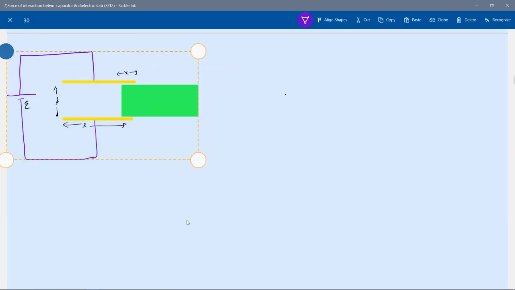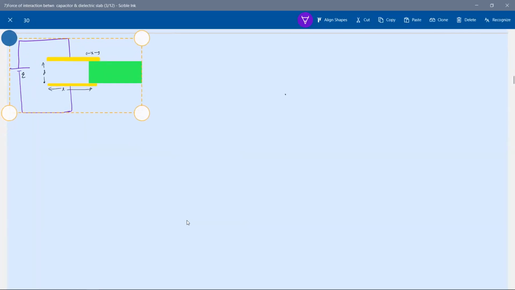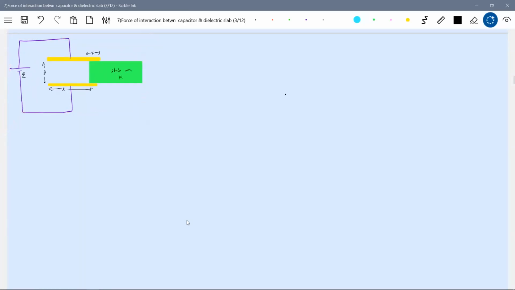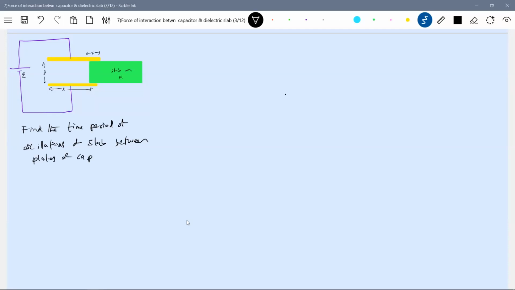Sir, will it oscillate? That's what happens here. So I'll give the question, then we'll go for it. Find the time period of oscillations of the slab between the plates of the capacitor.